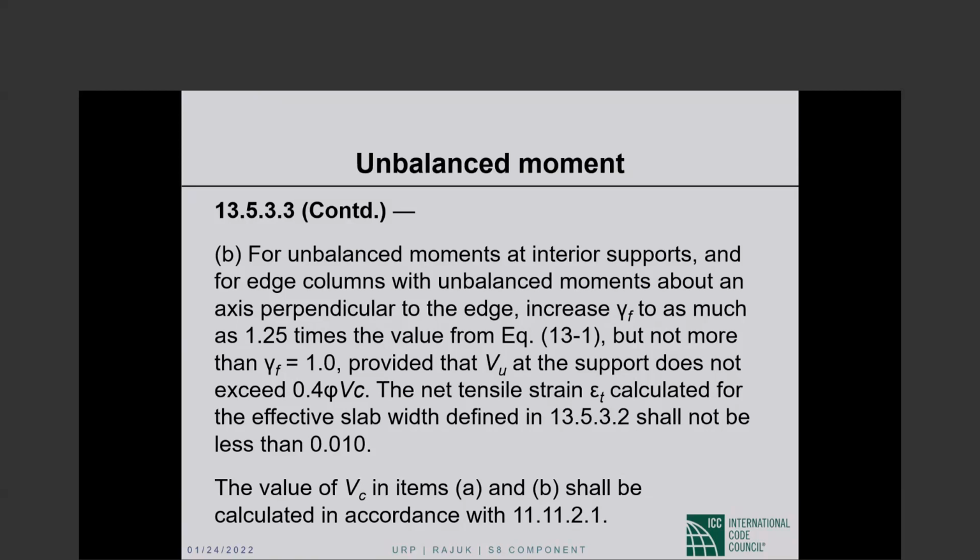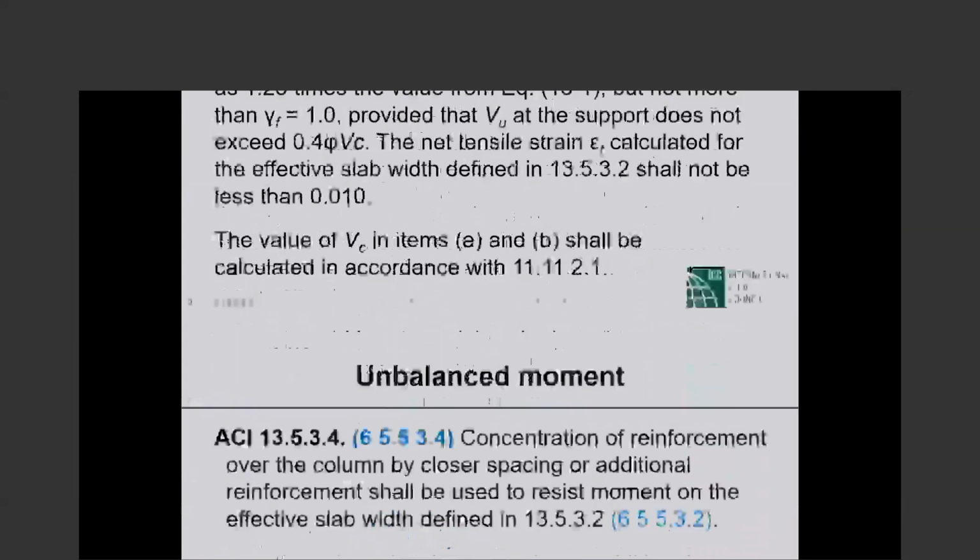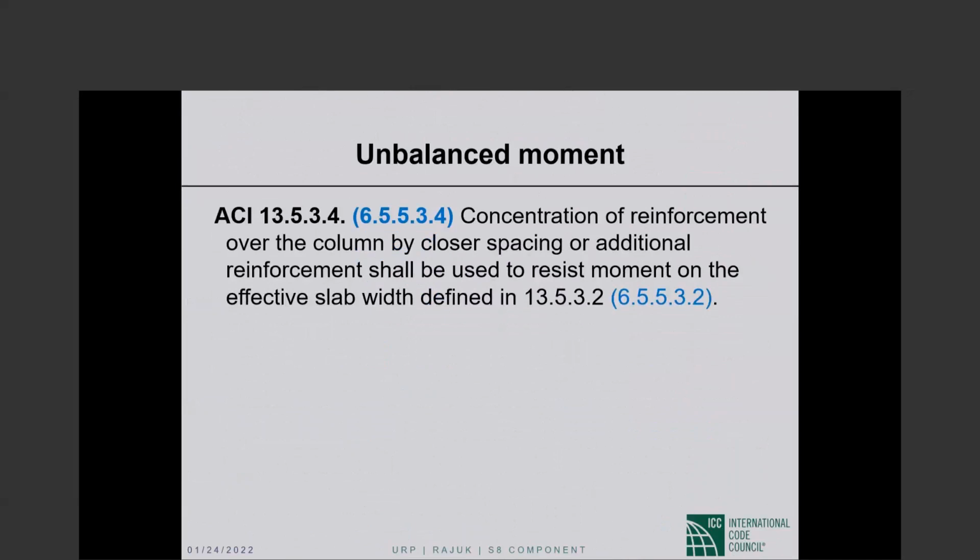So the shear has to be low and the net tensile strain shall not be less than 0.010 for us to increase the gamma sub f at an interior support from 0.6 or something like that to 1.25 times that. The value of V sub c shall be calculated as prescribed in the code, and that we will also see coming up.